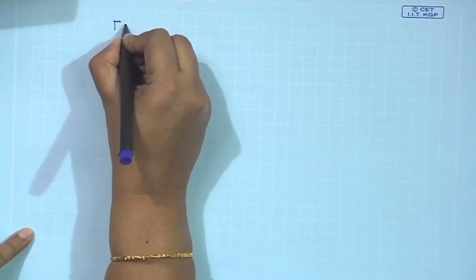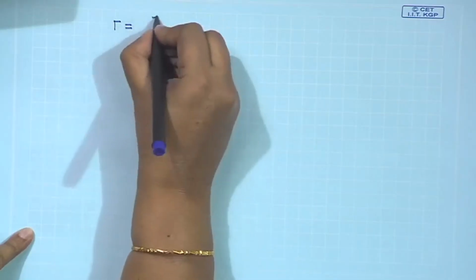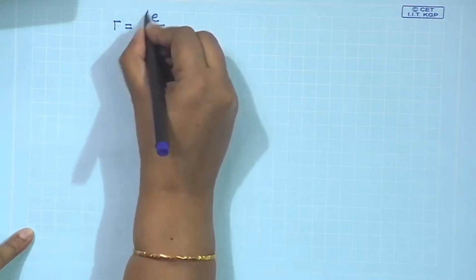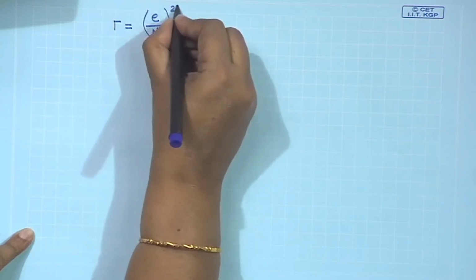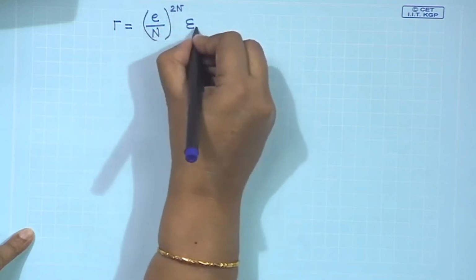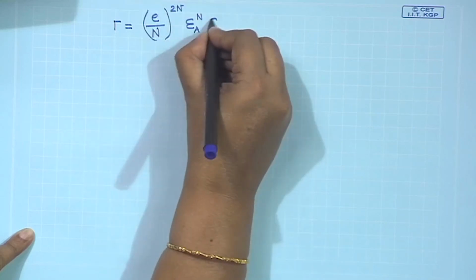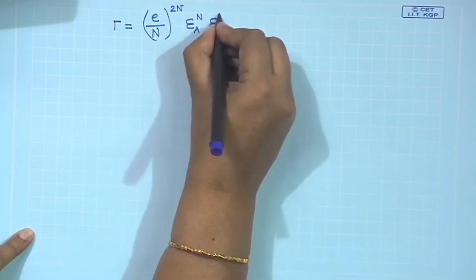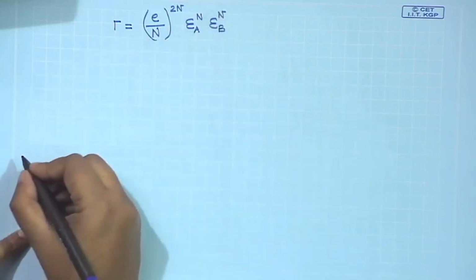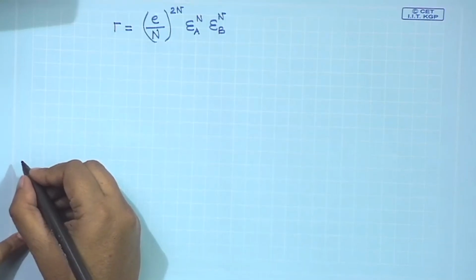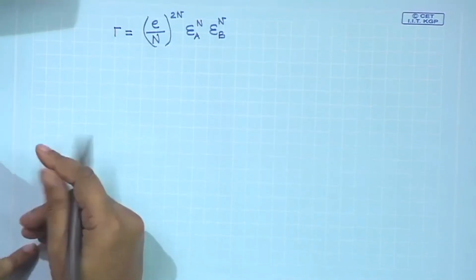So, we have already discussed that gamma is equal to (E by n) to the power of 2n, times epsilon A to the power of n and epsilon B to the power of n. And this is valid for capital N as a very large number, and n by epsilon in every subsystem is much greater than 1.